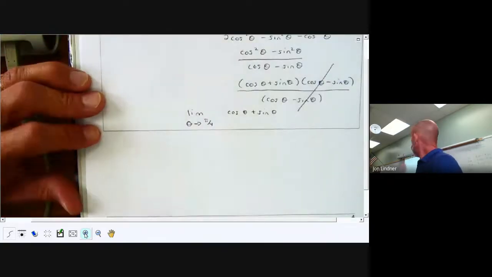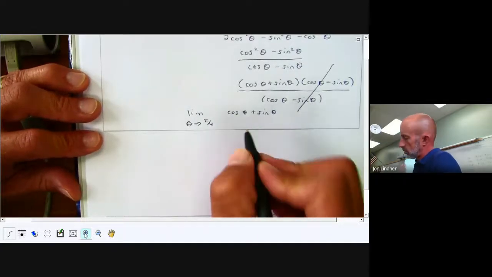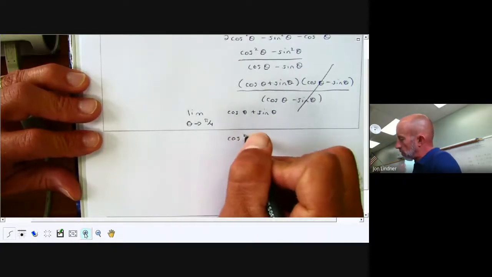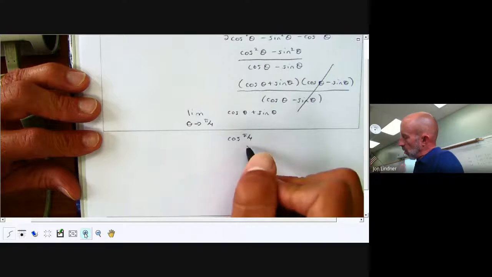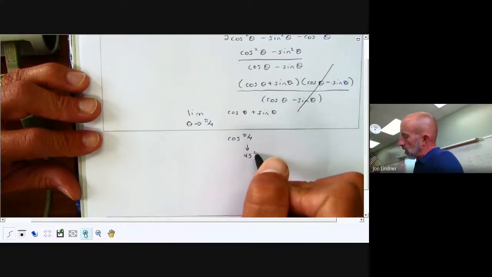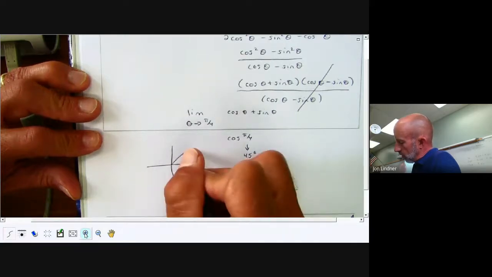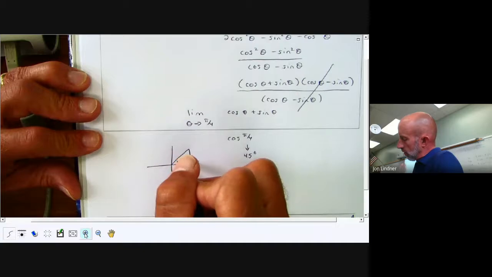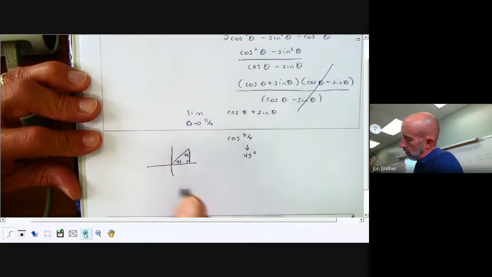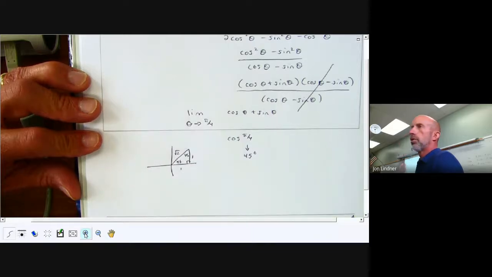How would I find the cosine of pi fourths? If I wanted to find the cosine of pi fourths without a calculator, we're assuming we can't use a calculator on all of these. Well, I remember that this is 45 degrees, and I go back to our bow tie method, draw my triangle. If it's a 45, 45, this is 1, 1, radical 2.